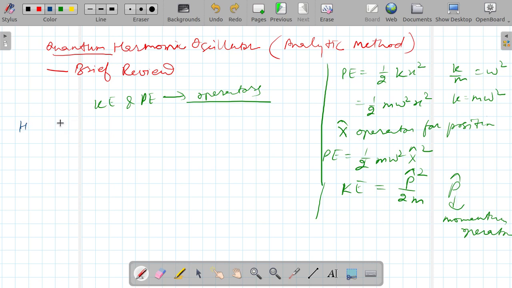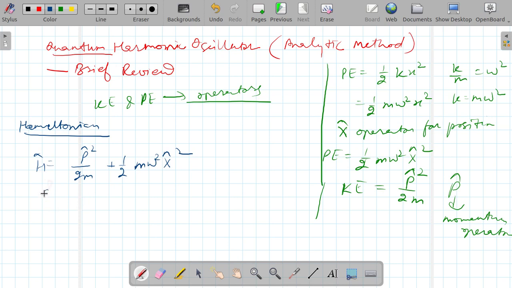So that means, using all these things, the Hamiltonian for the system can be written as, this Hamiltonian operator is equal to kinetic energy of the system plus potential energy of the system, right?